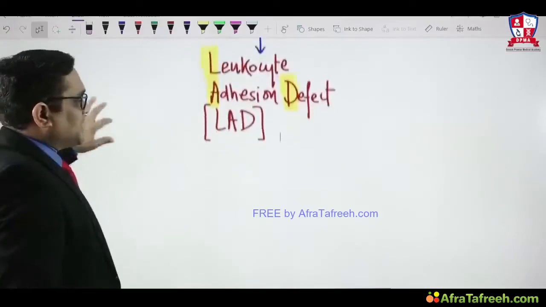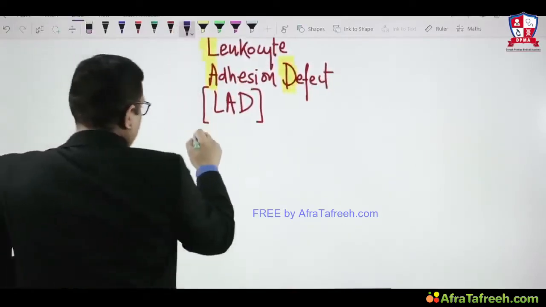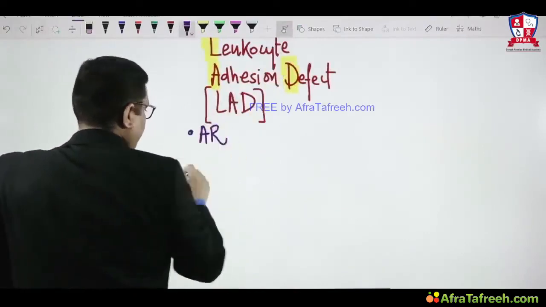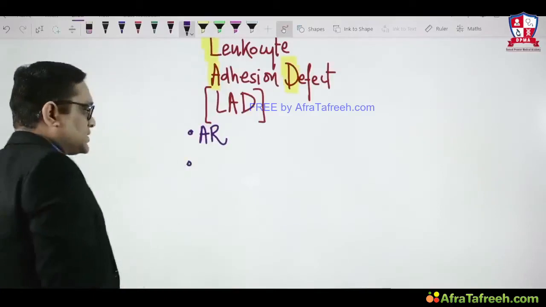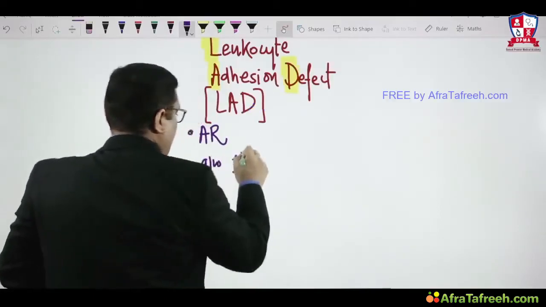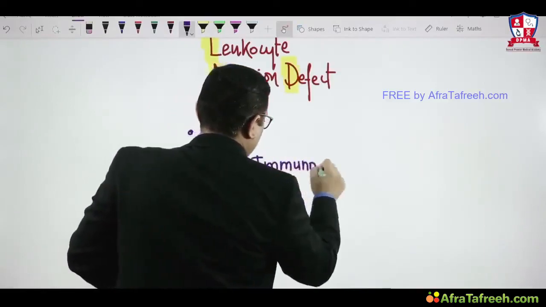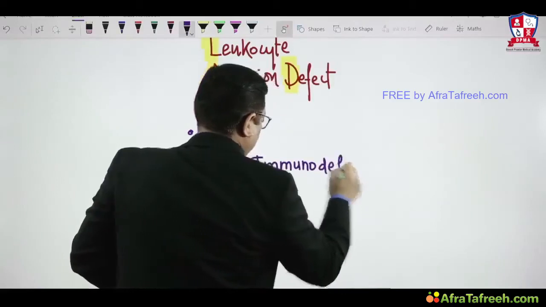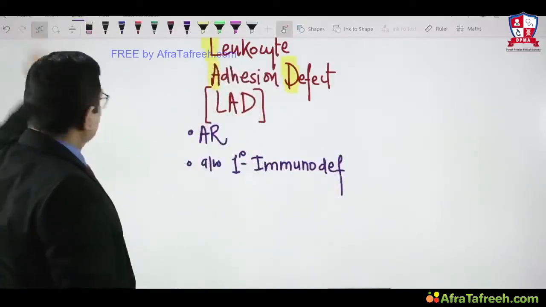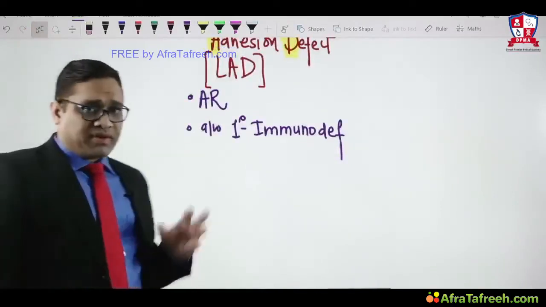Leukocyte adhesion defect disorders are hereditary disorders, they are autosomal recessive disorders, and they are also associated with primary immunodeficiency. What is characteristic of leukocyte adhesion defect disorder?